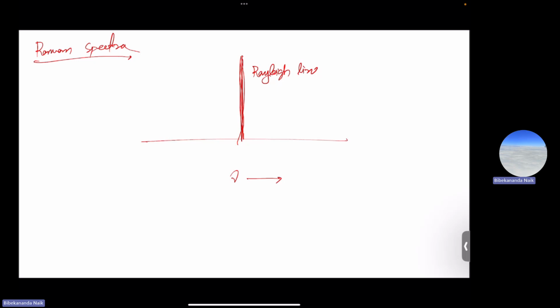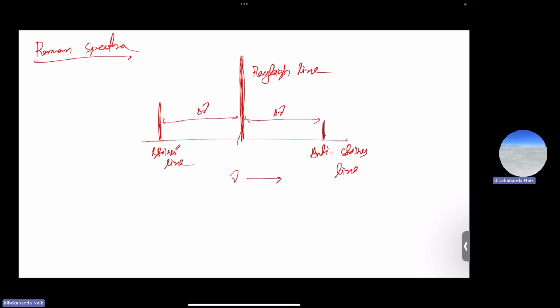These are called Stokes and anti-Stokes lines. On the left-hand side, with a difference of delta nu, this is called the Stokes line, and the other component, with the same spacing as the Stokes line, is called the anti-Stokes line.